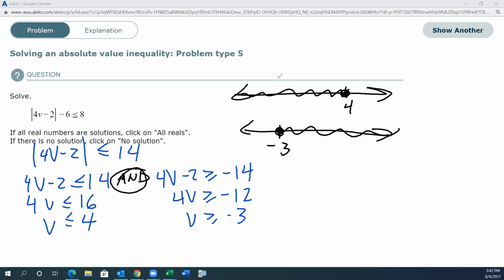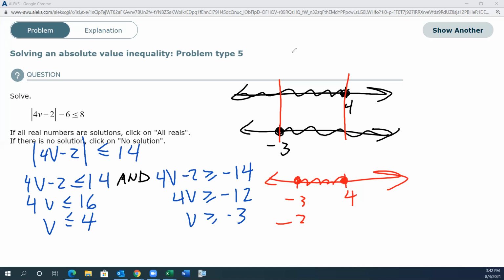And we have "and" because of the less than sign. Therefore, we want to know where the two of them overlap. Well, everything from -3 to 4 is what they have in common. That's where they overlap. So if I do it on the number line, it looks like this.